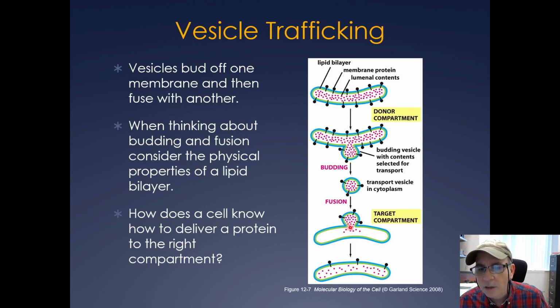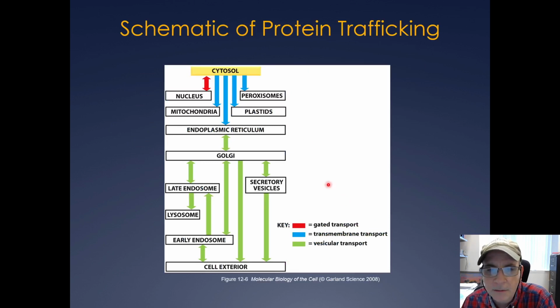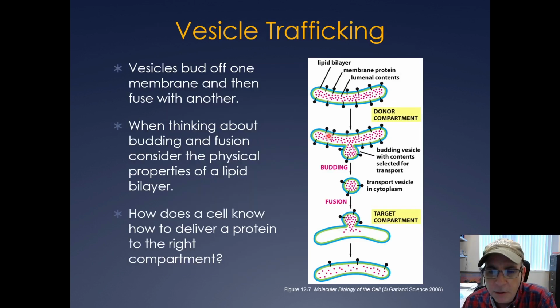Okay, and then there's another big question that I want you guys to all think about, and you can go back to this slide to really get a good grasp of it. How do the various proteins know where to go, right? How does a cell deliver the right proteins to the endoplasmic reticulum, and how does a cell know to deliver a mitochondrial protein to the mitochondria, or a transcription factor to the nucleus, right?